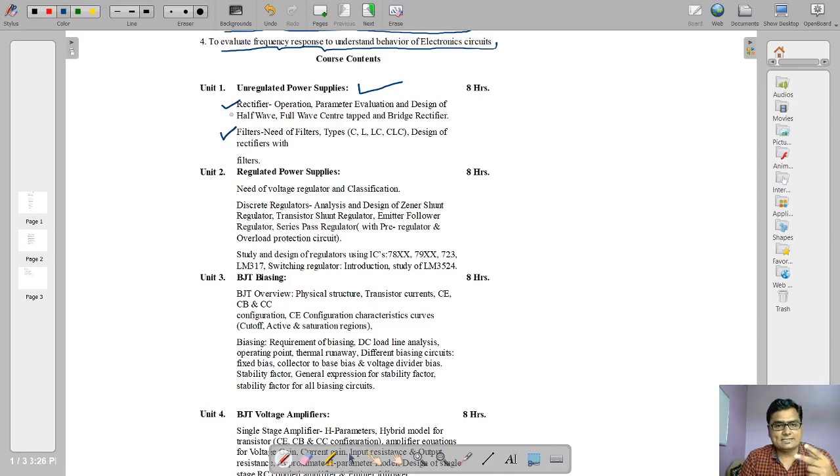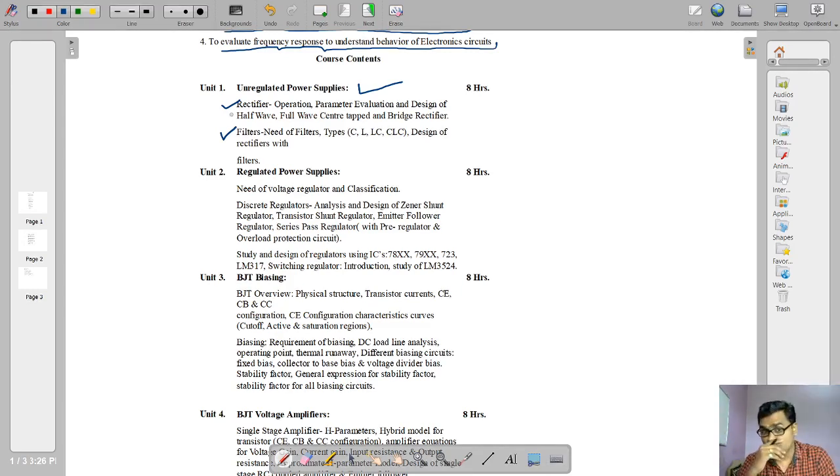Rectifiers and filters give us a conversion from AC voltage to pulsating DC voltage. Don't even think about what pulsating DC is. As we start the chapter on unregulated power supply, you will be clear about that pulsating DC concept. So in this chapter your knowledge will be restricted to AC to pulsating DC.